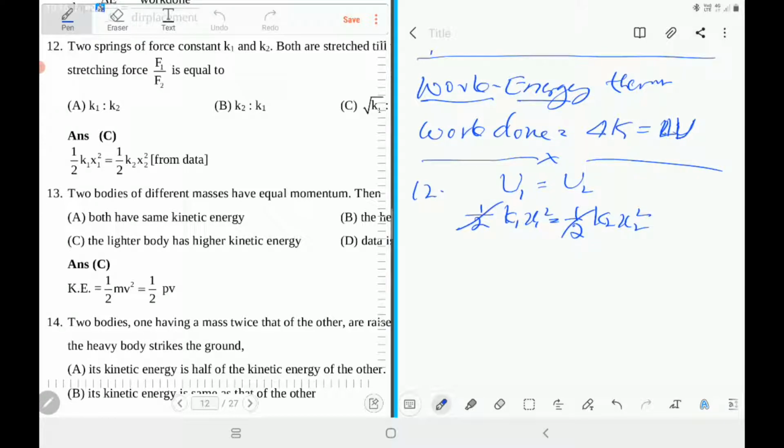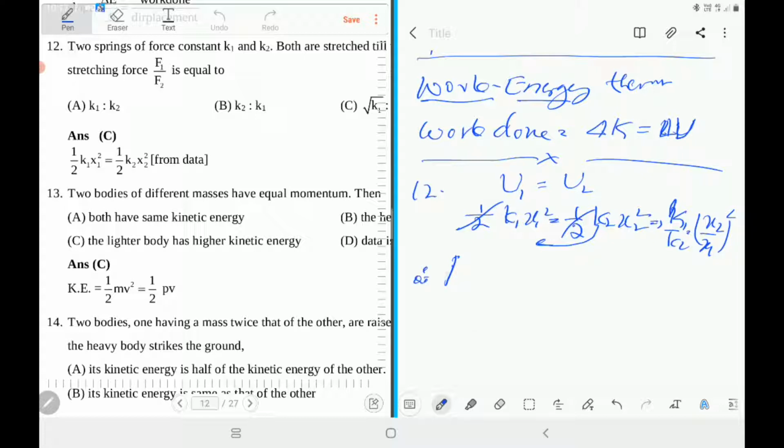He wants you to find the spring force ratio. And finally, what do you write? K1 divided by K2, spring constants. Now you bring it to the denominator, so it becomes x2 divided by x1 whole squared.